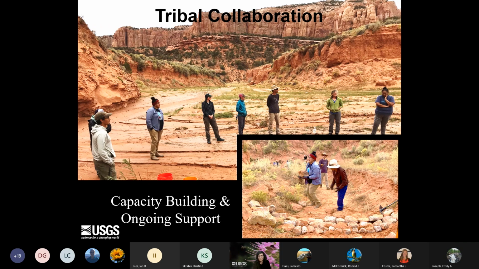And this picture, the larger picture here, is our closing circle for this project in Segi Canyon, and one of the leaders of the group had tears in her eyes because she was remembering 10 years ago when she and I first met.